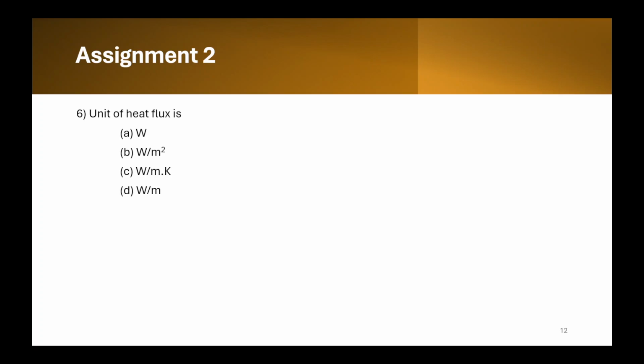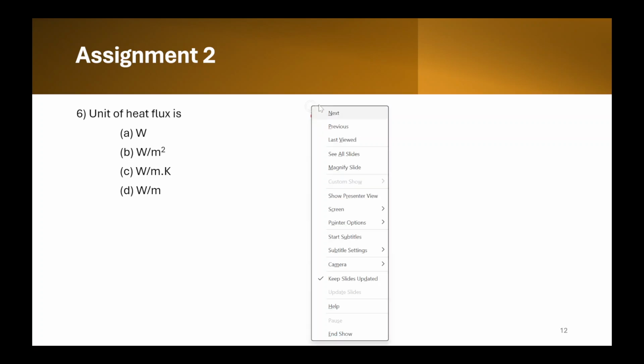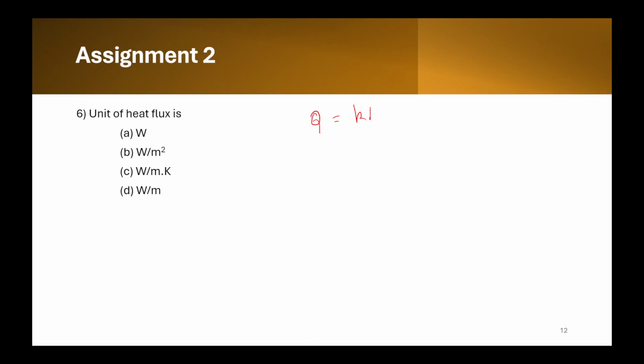Next question. Unit of heat flux is, so from the Fourier law, we note that the heat rate is K A delta T by L. Now I have told you that flux of a quantity is that quantity upon area into time.